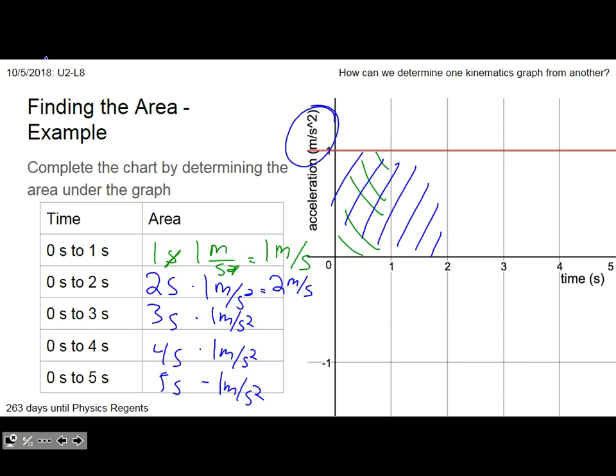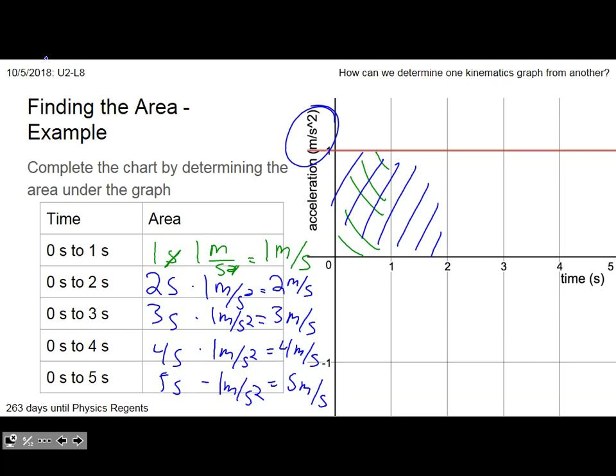Acceleration is measured in meters per second squared. You can see why, because when we multiply these two things, we should get velocity, and it should be meters per second. So we need one of the seconds to cancel out. So it becomes 1, 2, 3 meters per second, 4 meters per second, 5 meters per second.